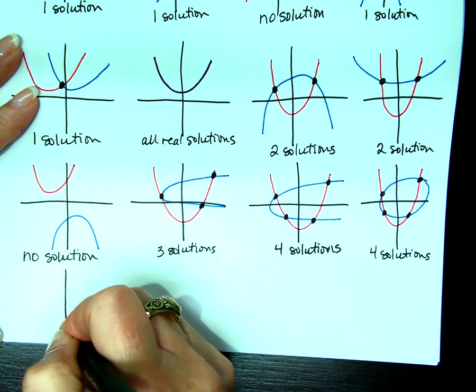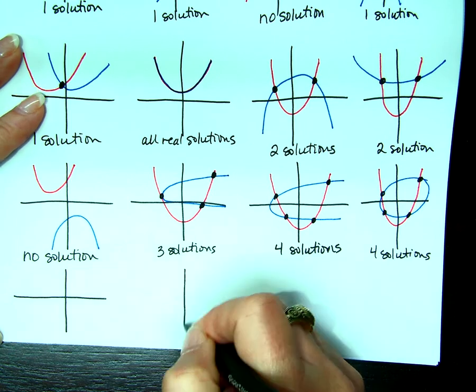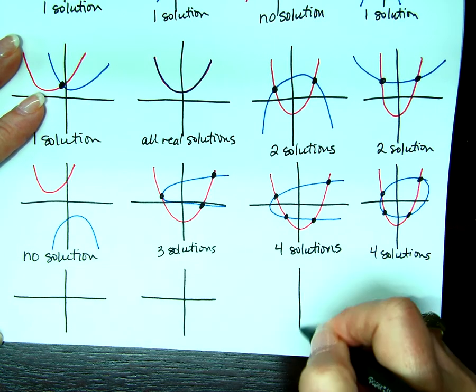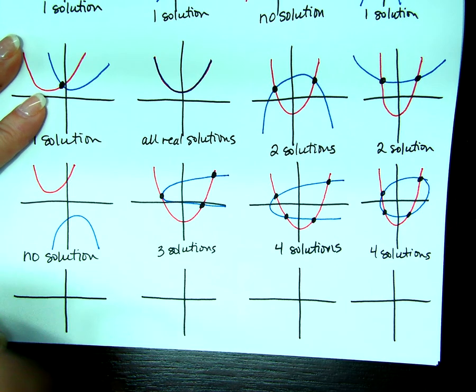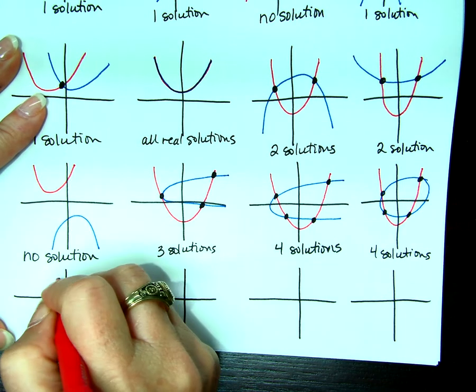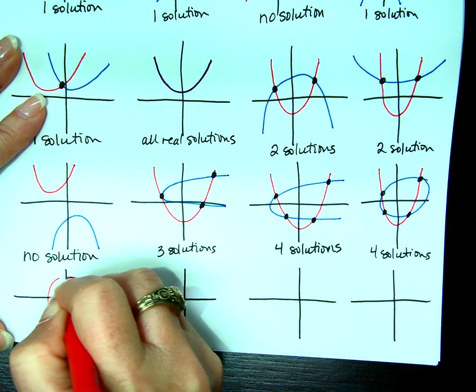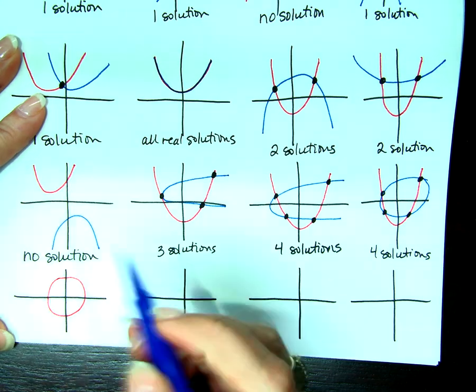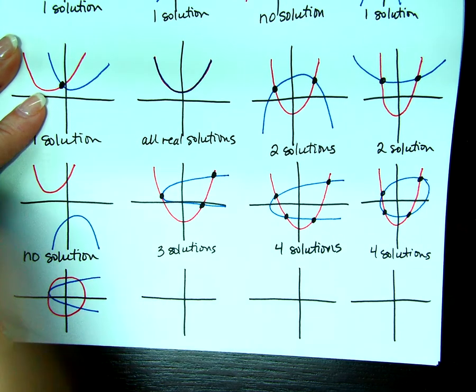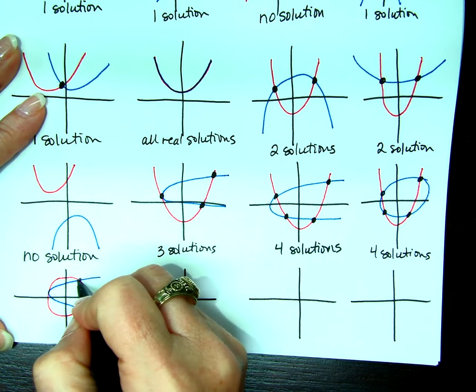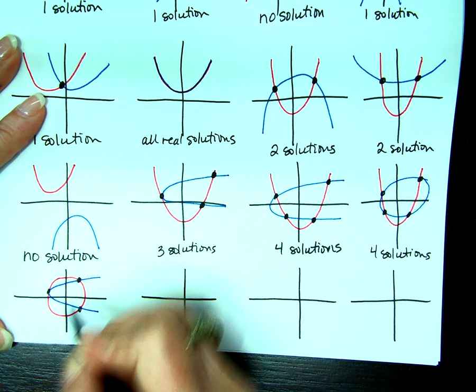Is 3 solutions possible? Here's my circle. Is 3 solutions possible? One, 2, 3.